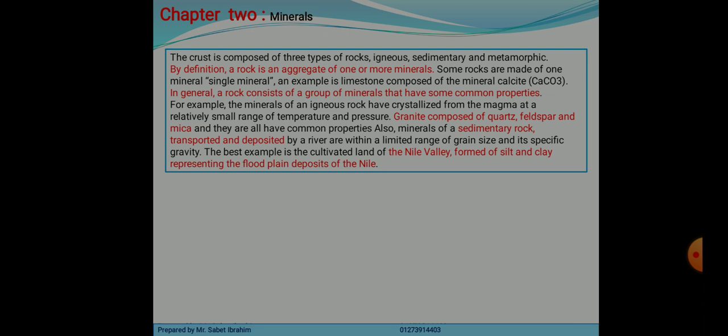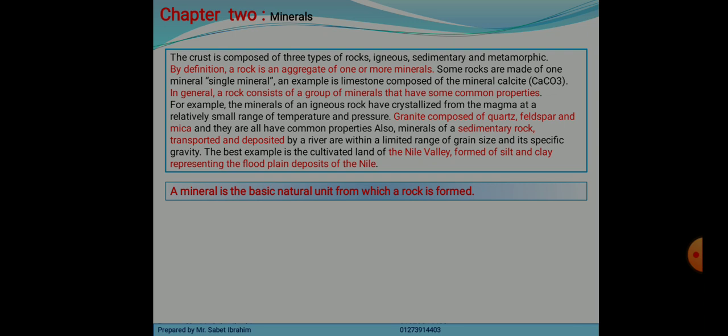The best example is the cultivated land of the Nile Valley, formed of silt and clay, representing the floodplain deposits of the Nile. So, a mineral is a basic natural unit from which a rock is formed.